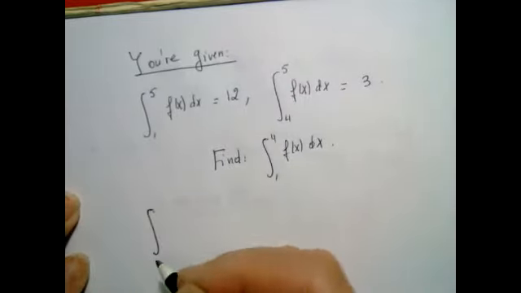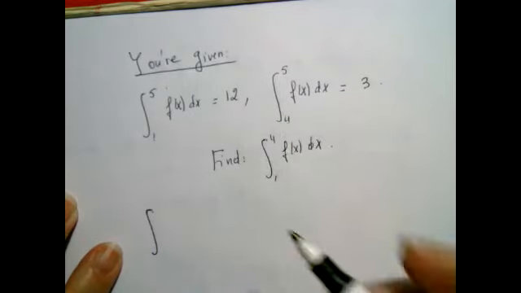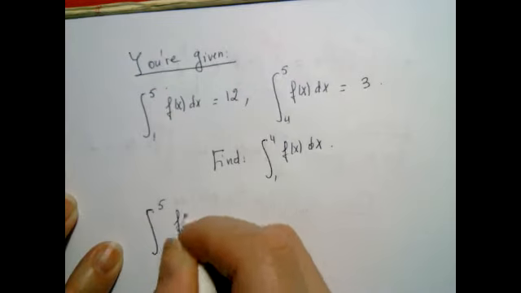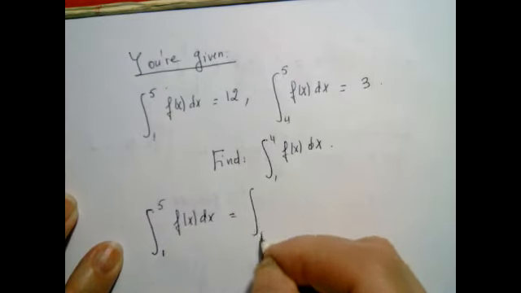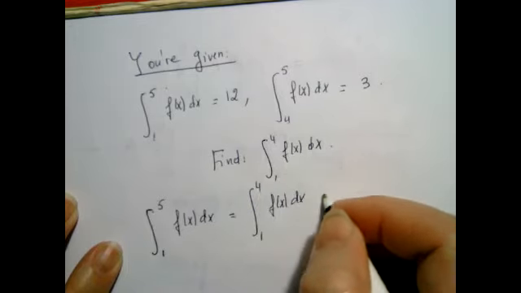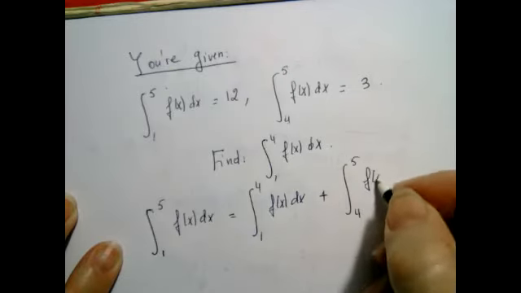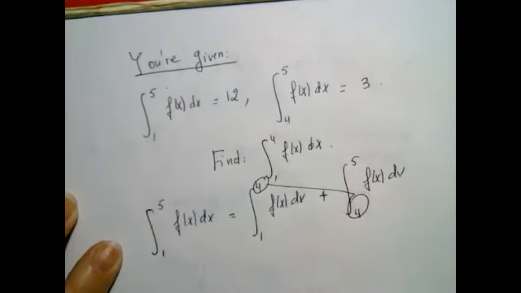I don't know how you guys did it, but one way to do it is we see 1, 5, we see 4, 5, 1, 4. So one way we say, okay, the integral from 1 to 5 is the integral from 1 to 4 plus the integral from 4 to 5. And that's the property we've talked about. The upper limit here is the lower limit here.